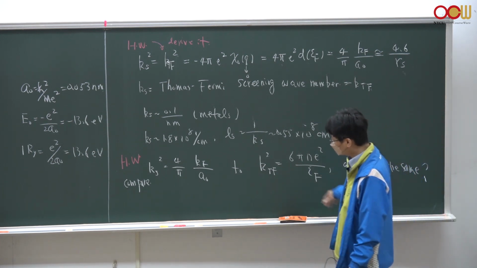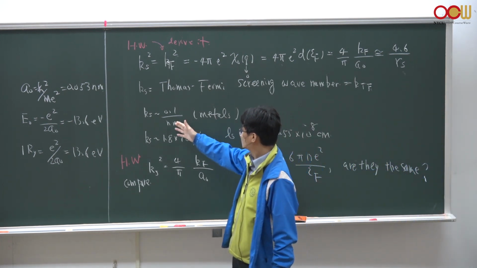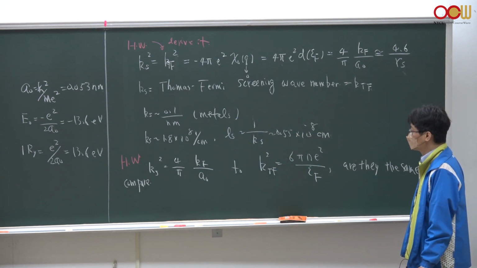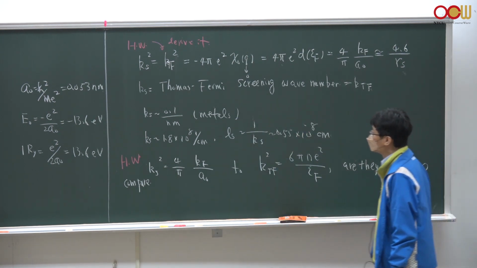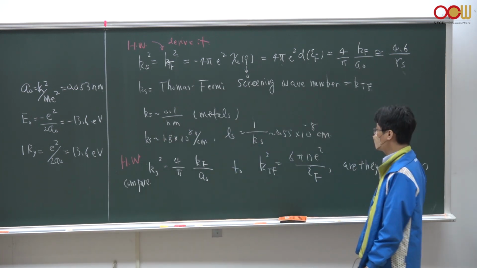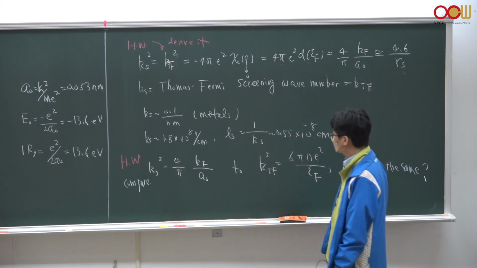And just to give you some idea of how these numbers look in realistic metals, Ks is about 0.1 divided by nanometer.